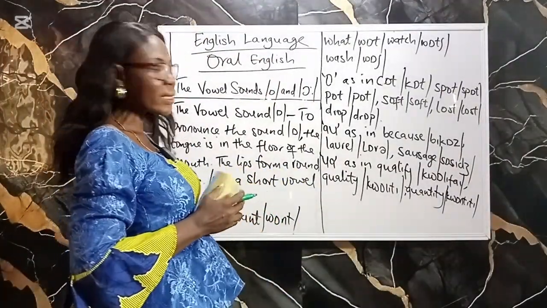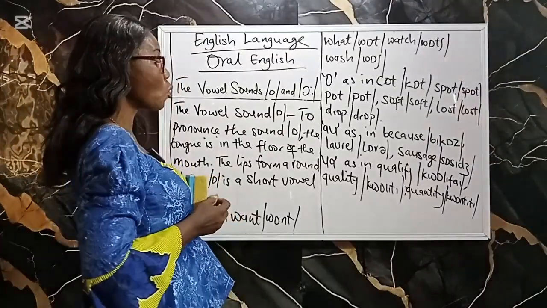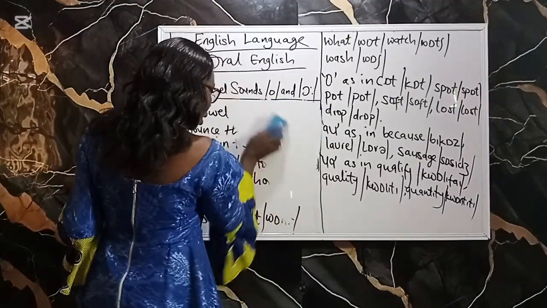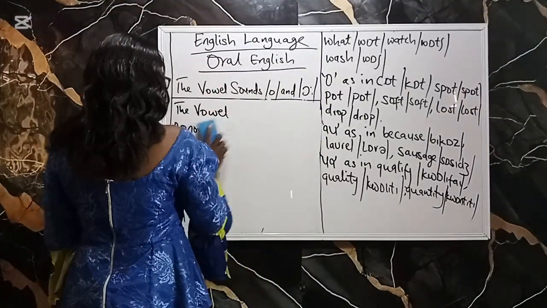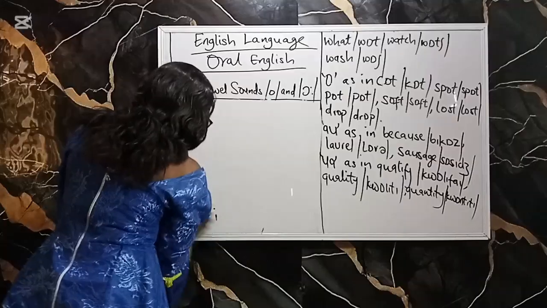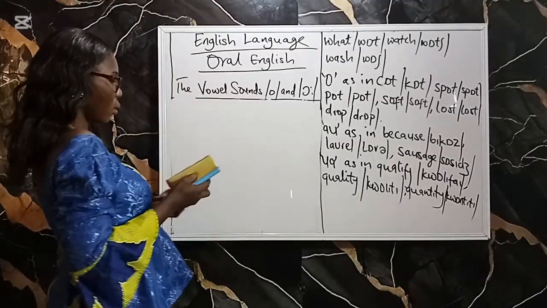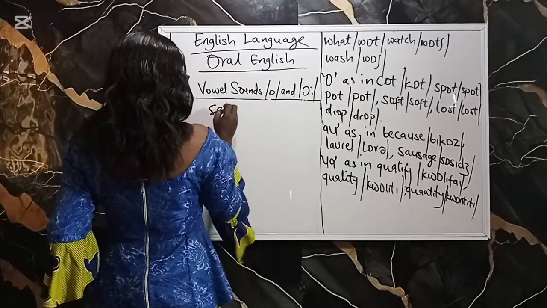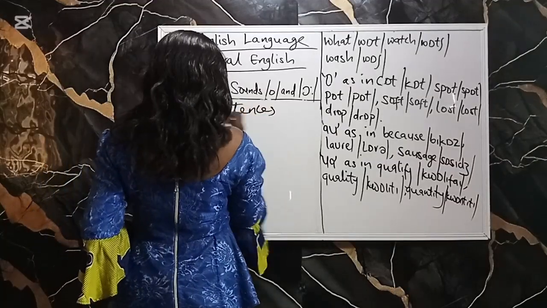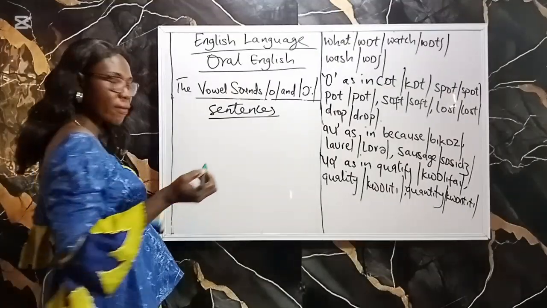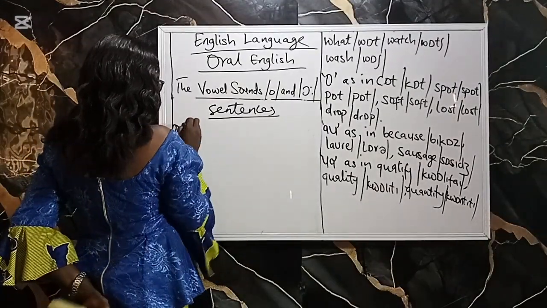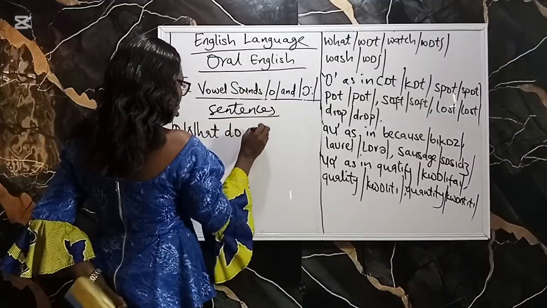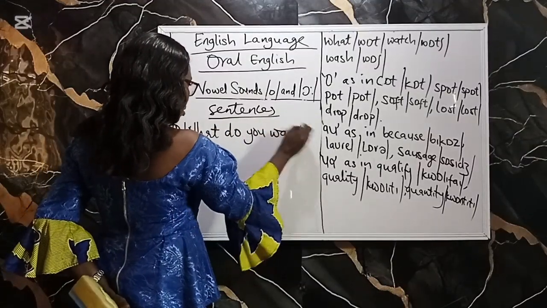Now, we can make sentences with the words that contain the sound. Okay? Let's make sentences with the words that contain the sound. For example, under sentences, you can have like number 1, what do you want?